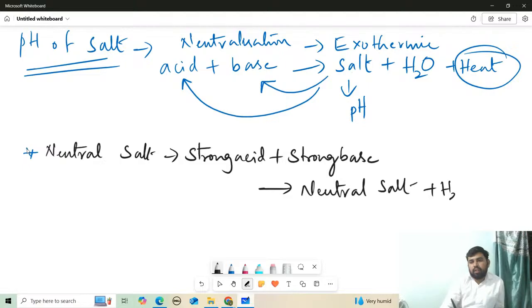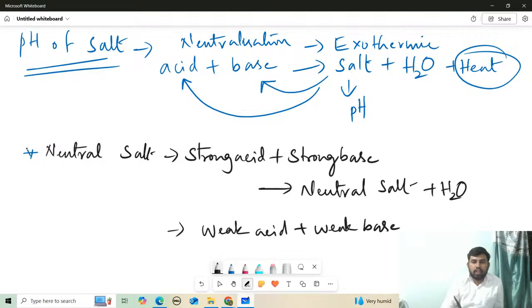Similarly, if we have a weak acid plus a weak base, what is the result? Here also we can expect a neutral salt, because both are weak. So in two cases we are getting a neutral salt.